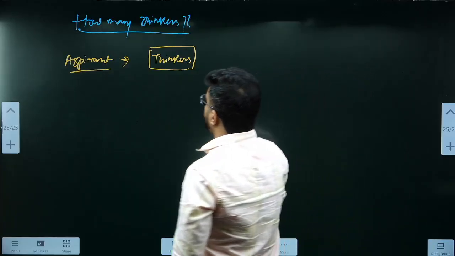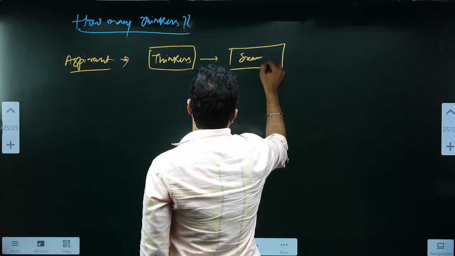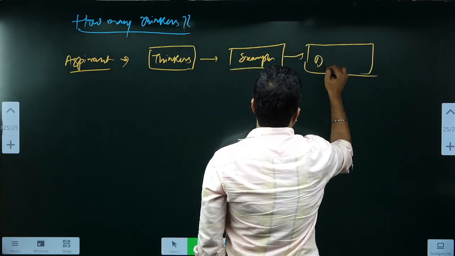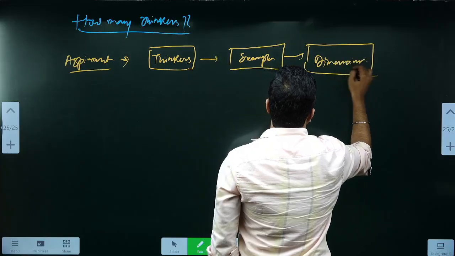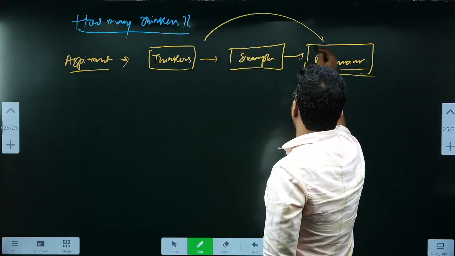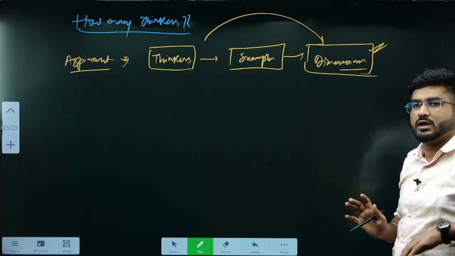So your emphasis is on thinkers. After thinkers, you emphasize giving examples. Then you think, now I need to give some dimensions. By the time you come to generating dimensions, your time is over, your sheet is over, your thinking capability is over.